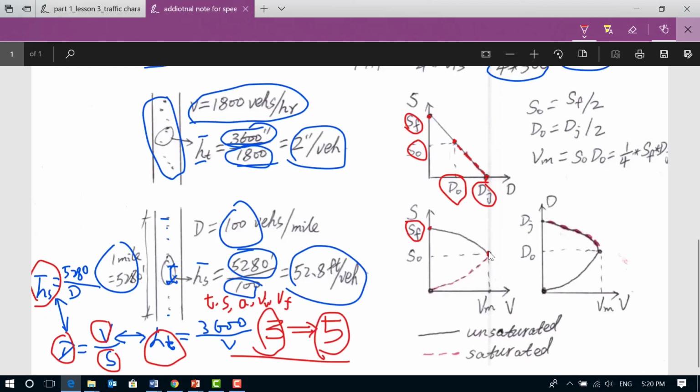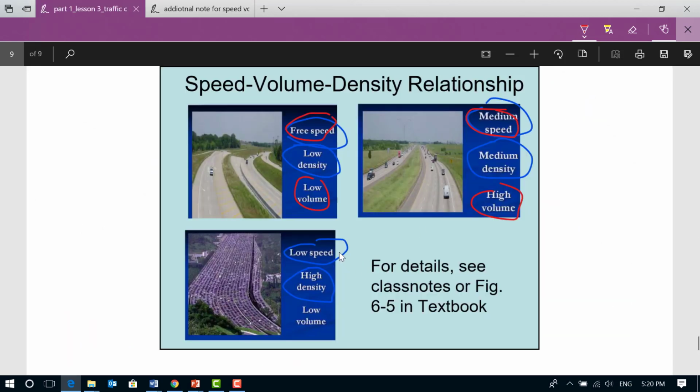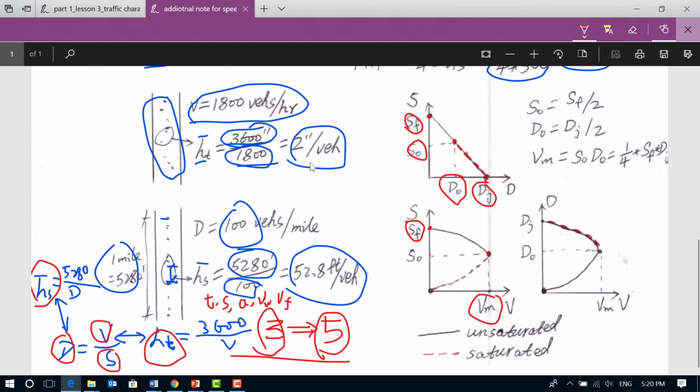The third one represents low speed and low volume, which is this point: speed as low as 0 and volume as low as 0. So you have these 3 points. If you connect them together, you have this line and the dotted line right here. This one represents unsaturated, and this one represents saturated.